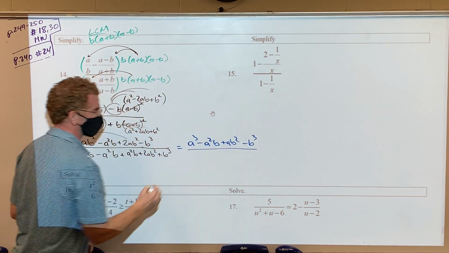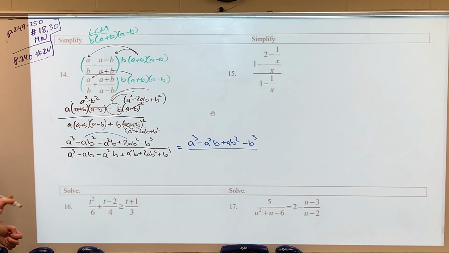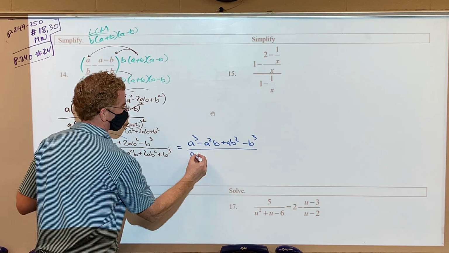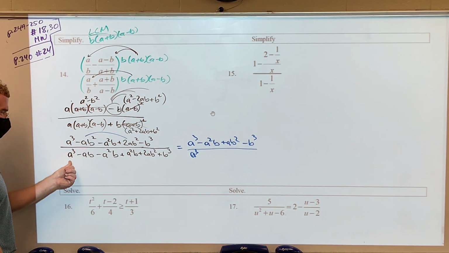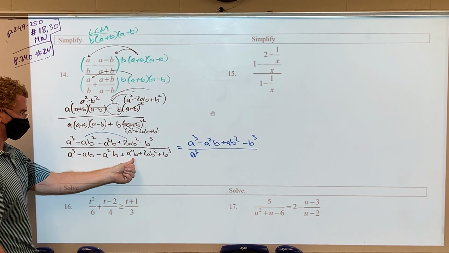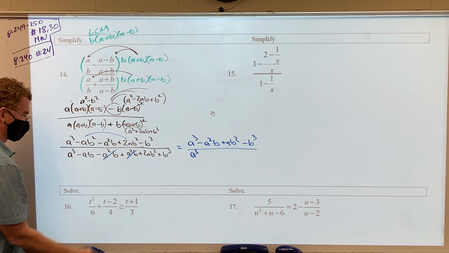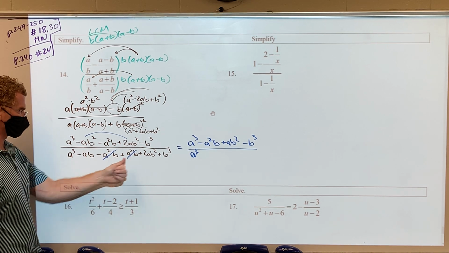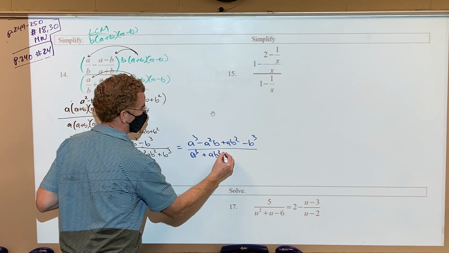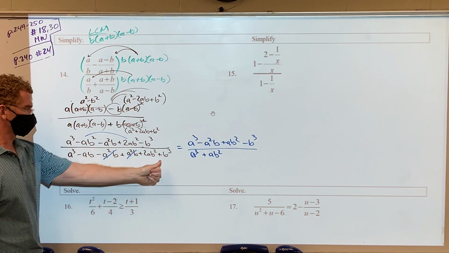On the bottom, I get A cubed minus A squared B plus AB squared minus B cubed. Oh, this is tedious. You're not going to probably get something this involved on a test, but I'll show you what I'd say. And then this, A cubed. And then what happens here? A squared B, A squared B. That and that becomes a plus AB squared plus B cubed.